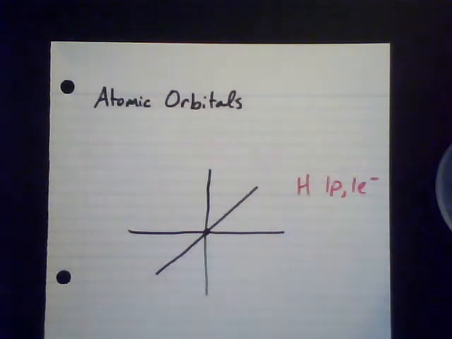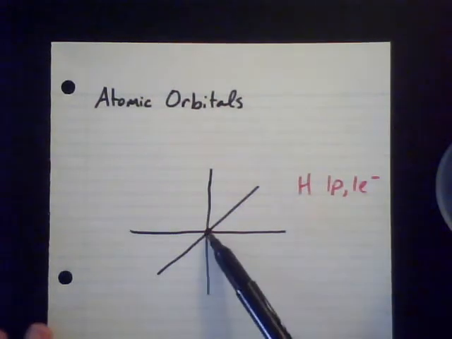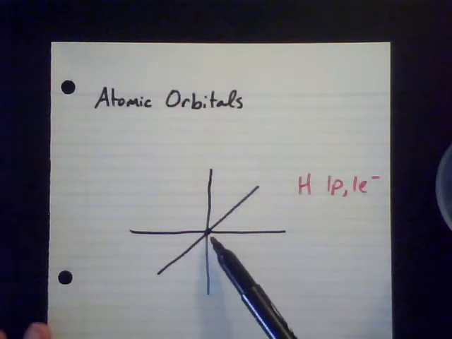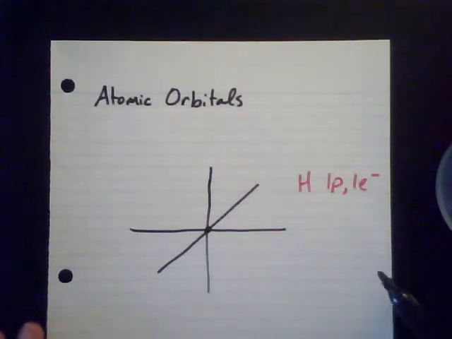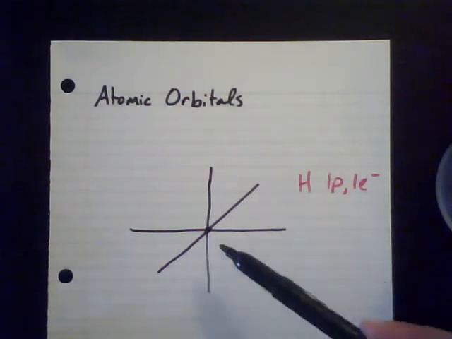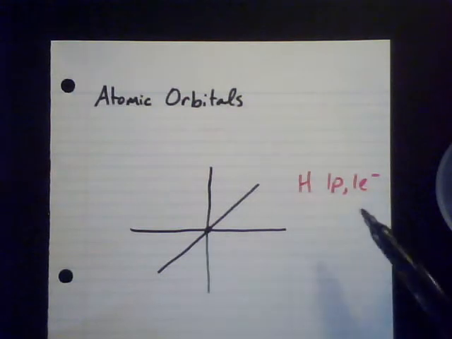If this is my hydrogen atom, and I have the teeniest tiniest of cameras, and this is my proton in the middle here in my nucleus, I'm taking a picture every fraction of a fraction of a second, every femtosecond, of my 1 electron.